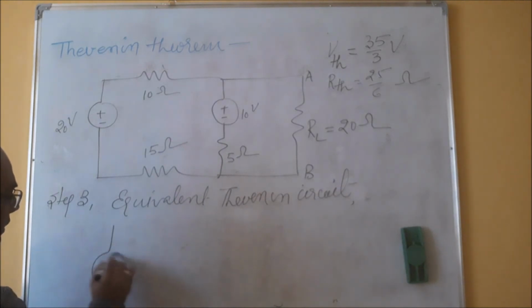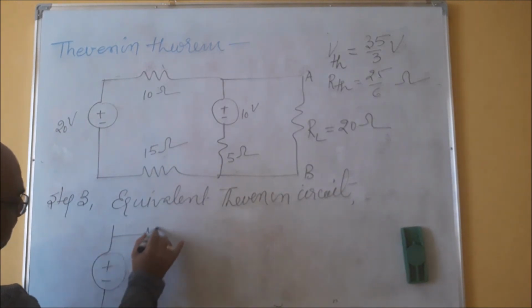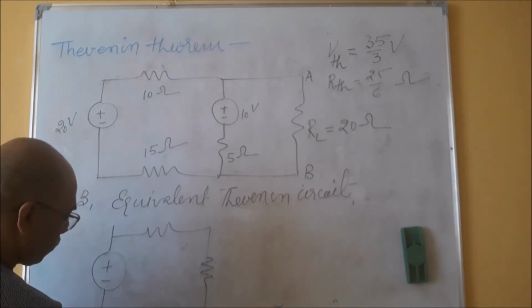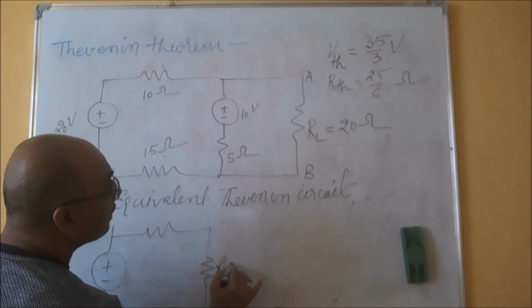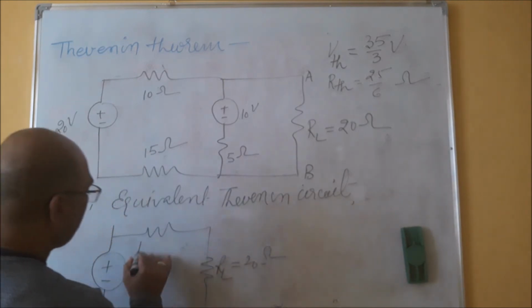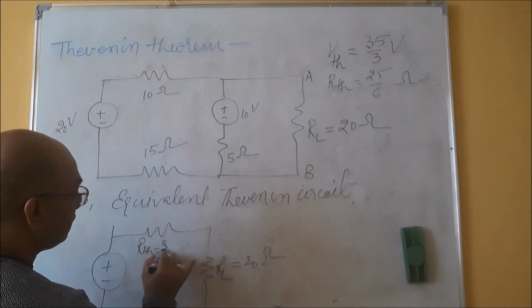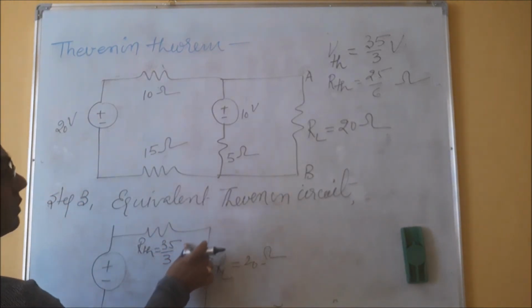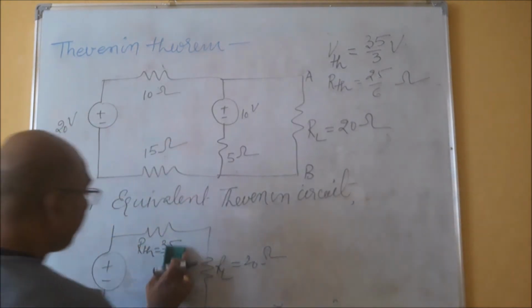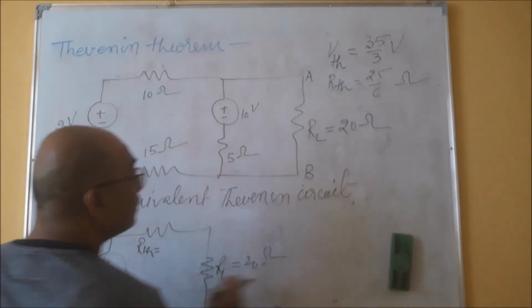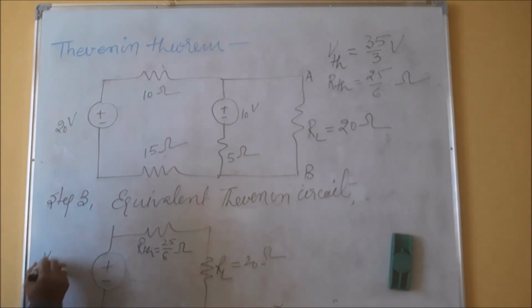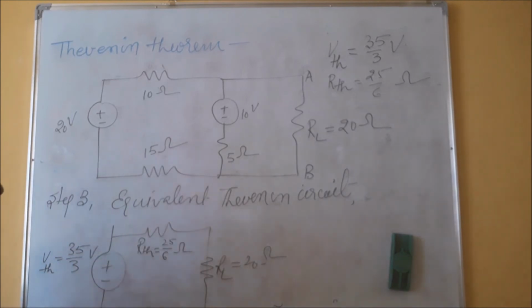So the equivalent Thevenin circuit is: RL is 20 ohm, RTH is 25 upon 6 ohm, VTH is 35 upon 3 volt.